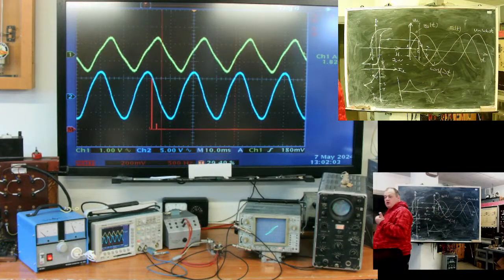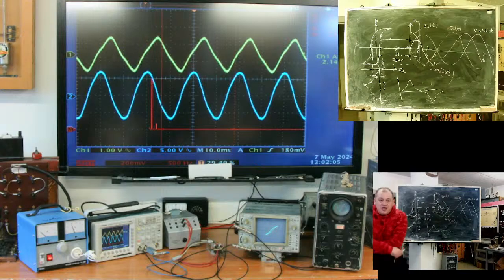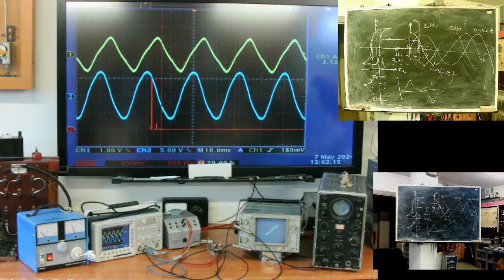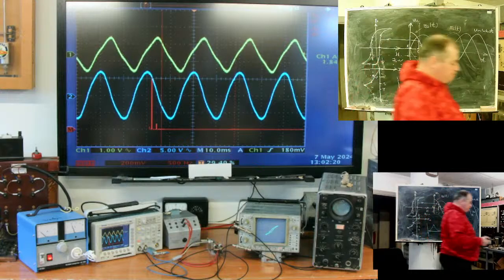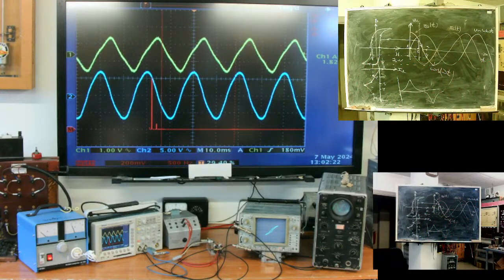And now question, what will happen if I remove third harmonic from the primary current? What if I make this to be a sine? How can I do it? Very tricky question.